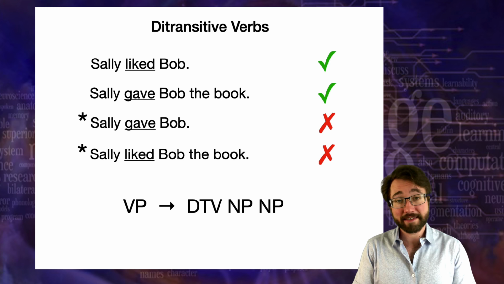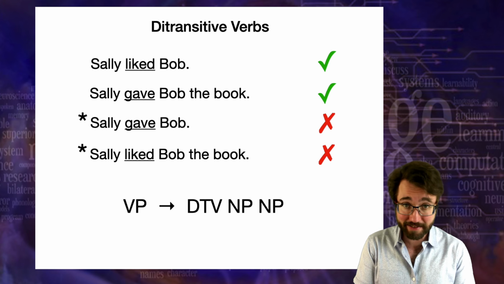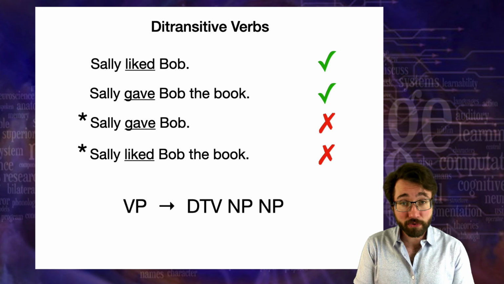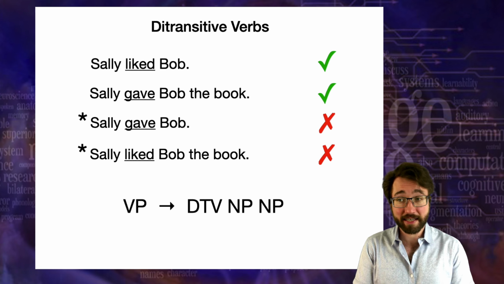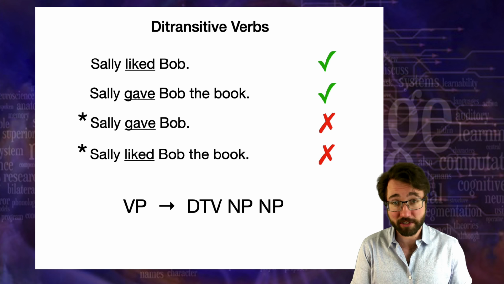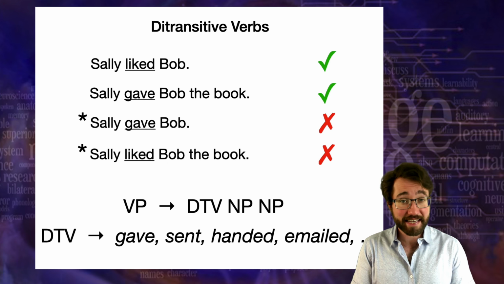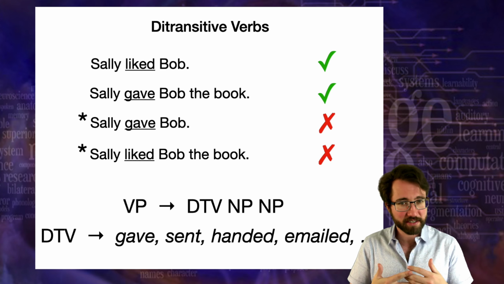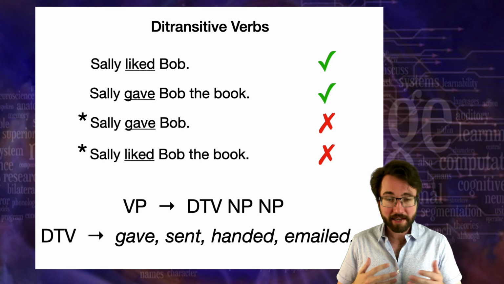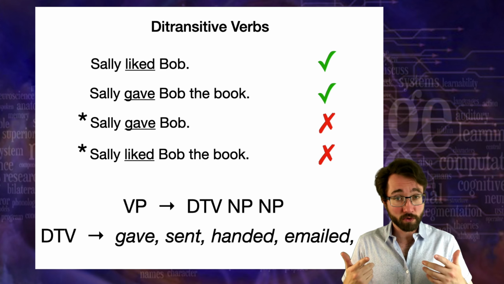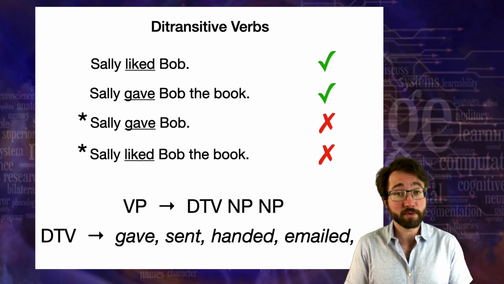We can say a verb phrase can consist of a ditransitive verb followed by two NPs. A ditransitive verb is a verb that has to take two objects. And those are going to be your verbs like gave and sent and handed and emailed. They're usually verbs that involve transferring possession from one thing to another. Ditransitive verbs follow this rule. They have to be followed by two NPs.